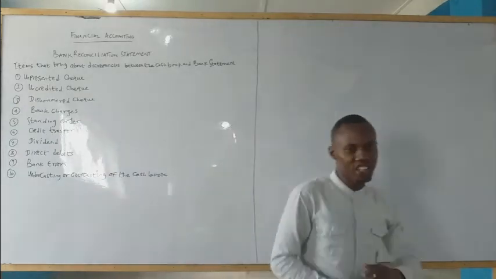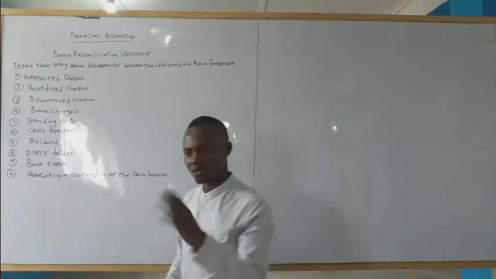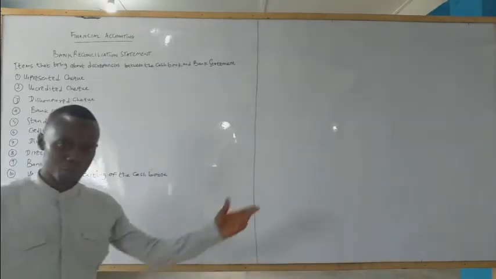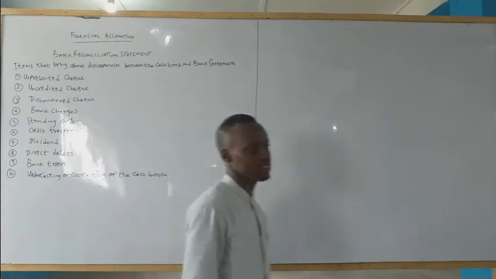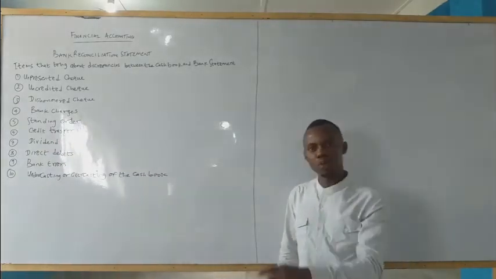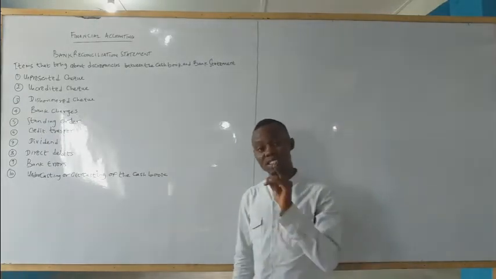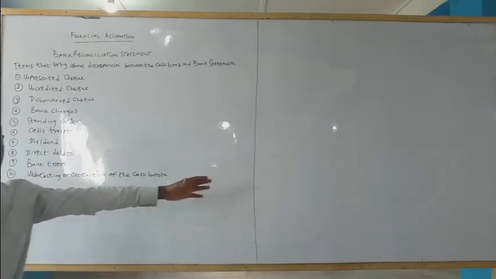Unpresented checks are checks which have been issued by a business to people, or to the creditors, or to our sellers. But those people to whom the checks are issued, the sellers or the creditors, have not presented the check to the bank for payment.